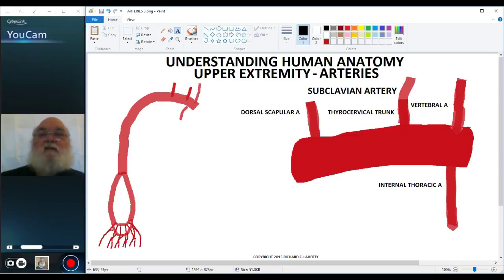So, as I said, when the subclavian artery passes over the first rib, it becomes the axillary artery.